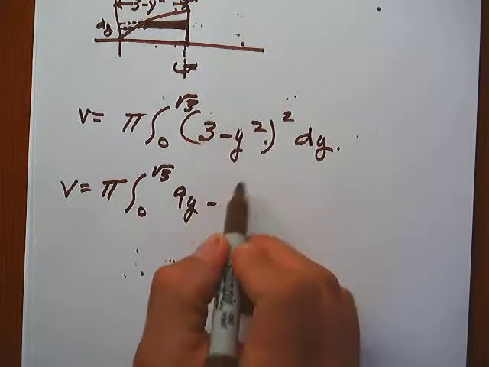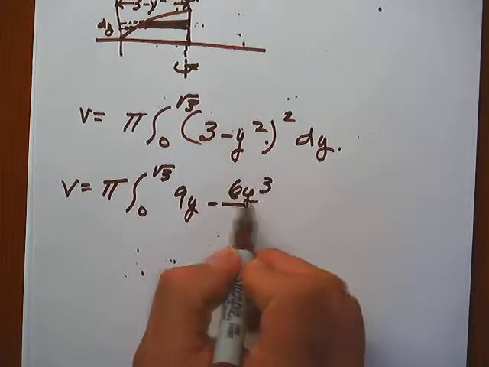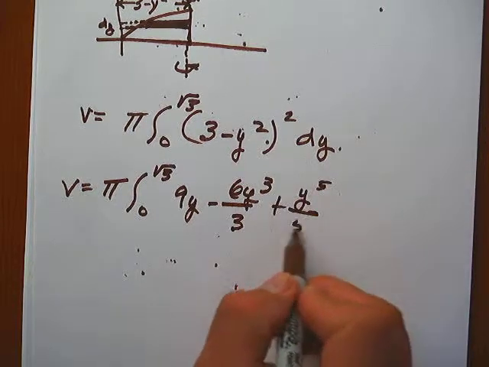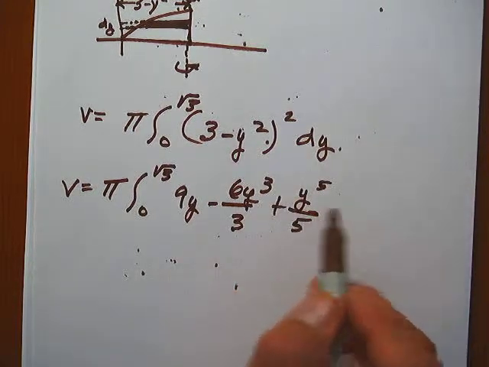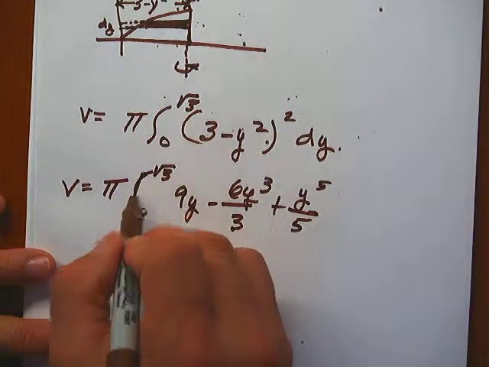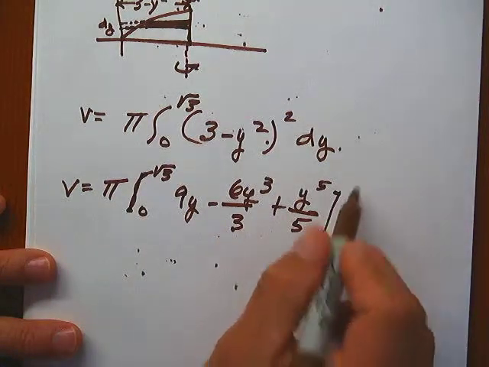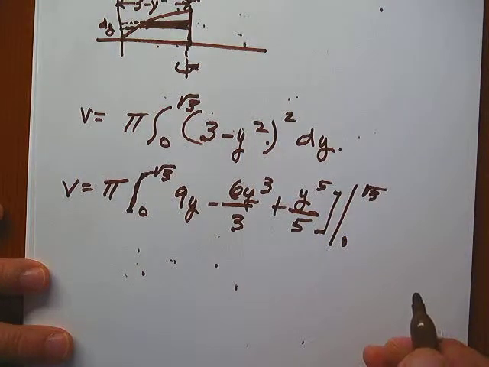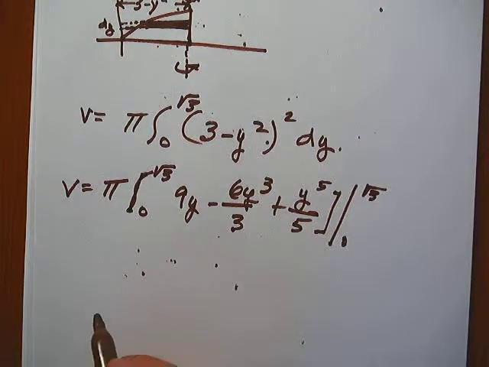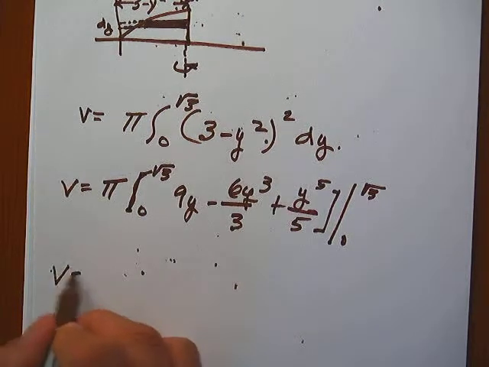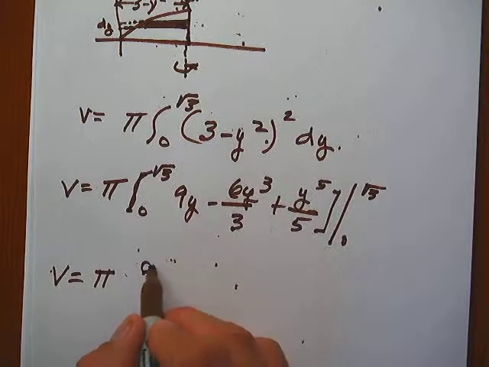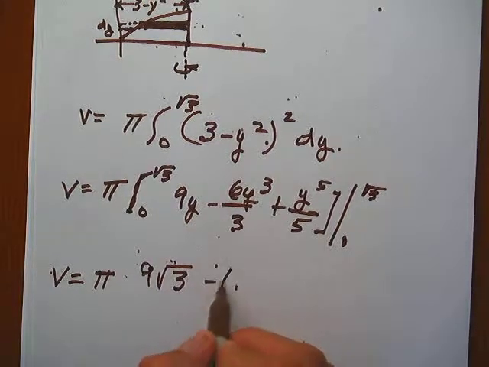And that comes all the way down to, I'll go ahead and take the antiderivative of that, use your shortcut number 2. That's going to be V is equal to pi, from 0 to the square root of 3, of 9y minus 6y to the 3rd over 3 plus y to the 5th over 5, evaluated at 0 and square root of 3.